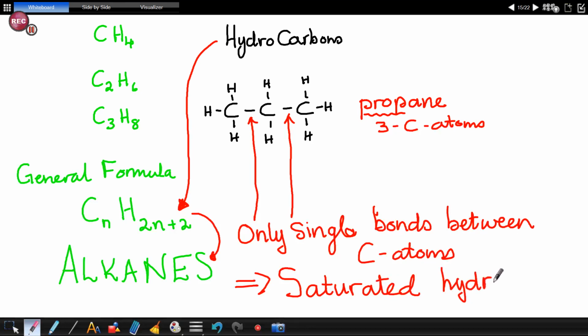Why is it called a saturated hydrocarbon? Because they have only single bonds between the carbon atoms, and each carbon atom has 4 bonds. So you can't add more atoms to the molecule.